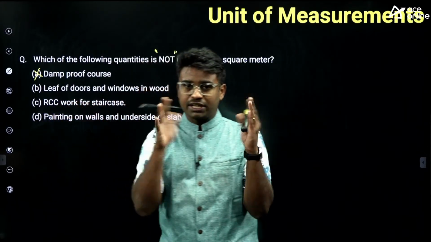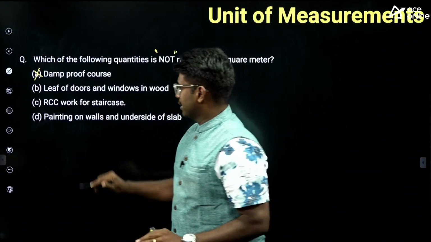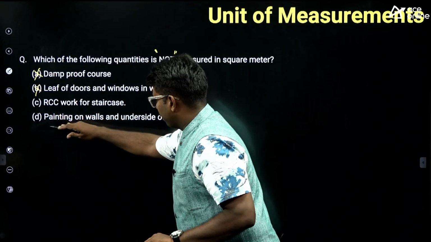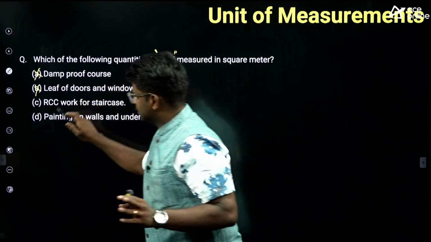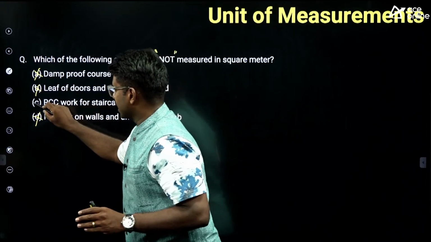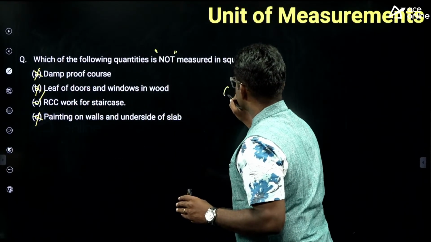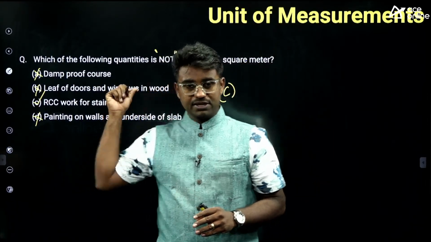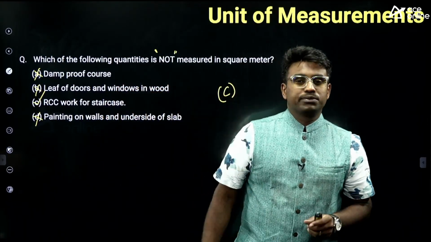Leaf means the shutter. Shutter is always calculated in square meters. Let's take the last one. Painting on walls. Painting is always in square meters. And the left out one is RCC work for staircase. This is only calculated in cubic meters, not in square meters. That is the only left out option.